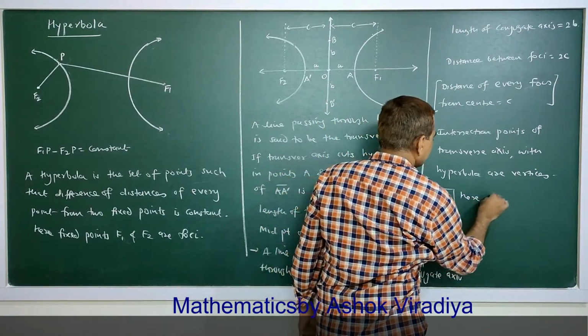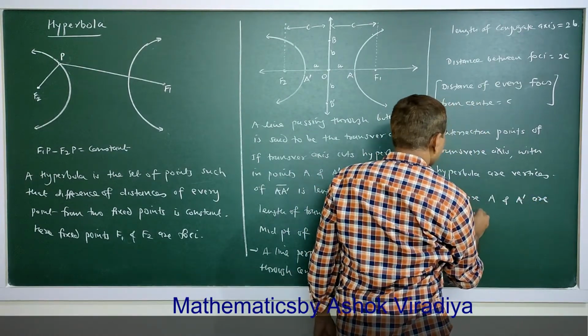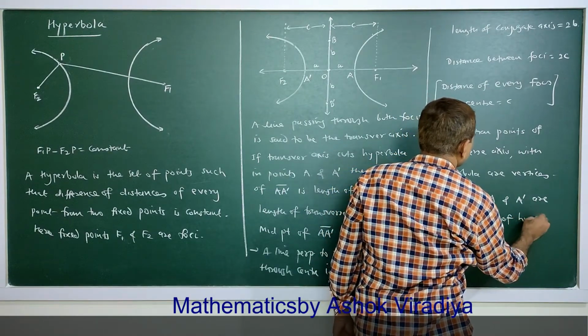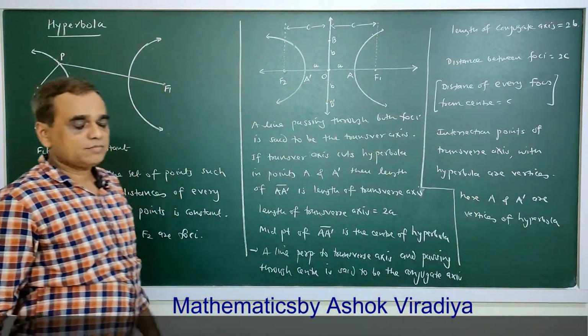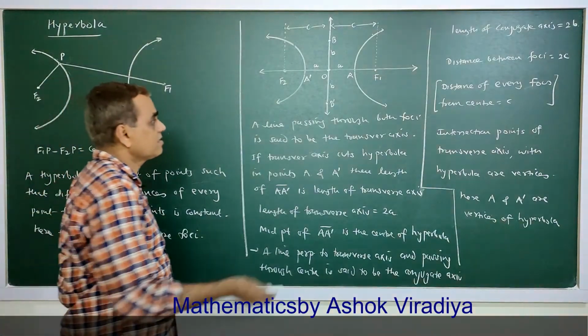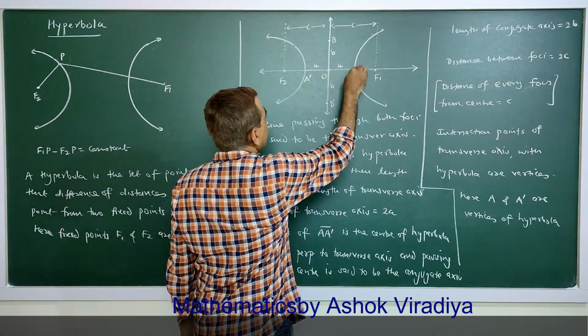Here A and A dash are vertices of hyperbola, or we can say ends of transverse axis.